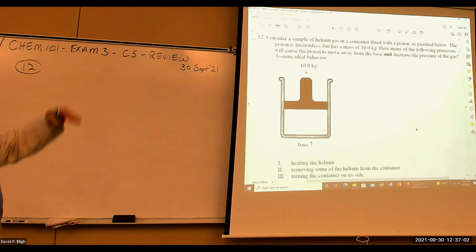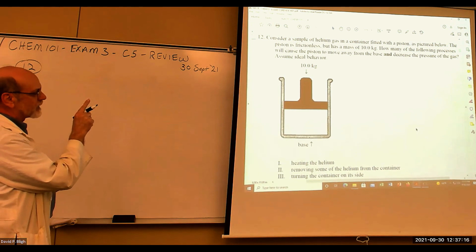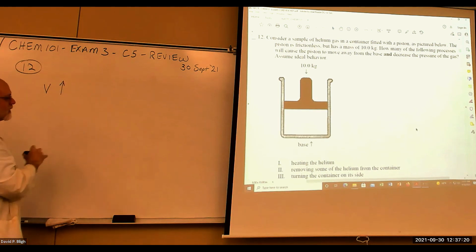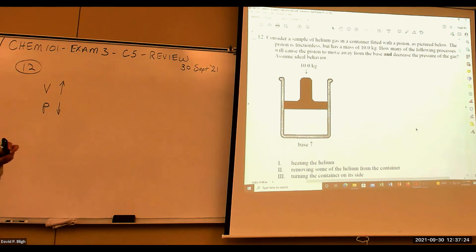In other words, volume will increase and the pressure will decrease. We want the conditions where the volume increases and pressure decreases. All right. Now that we have that in mind, let me scroll down to our choices.